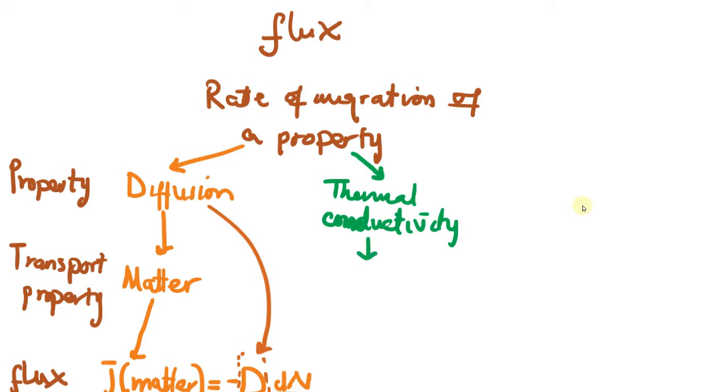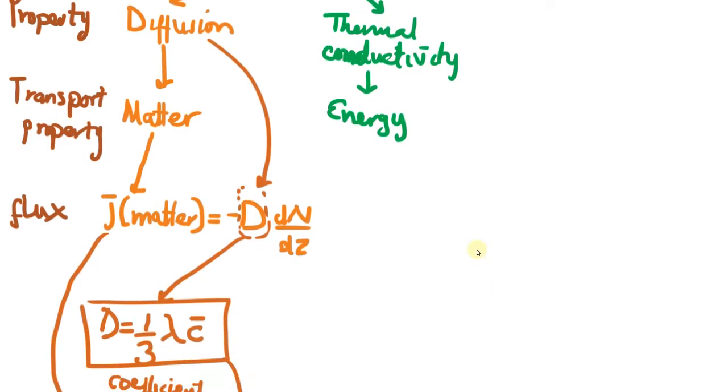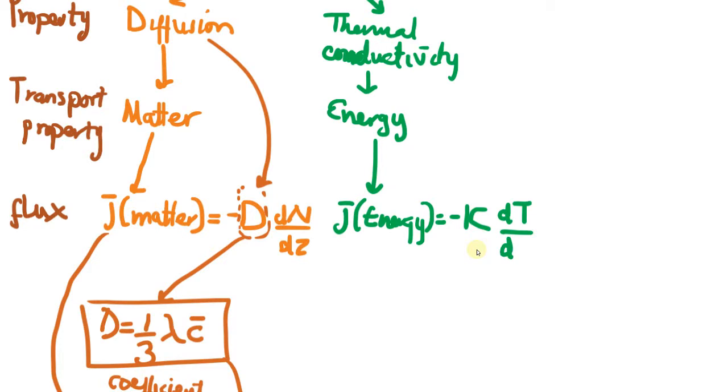And so the energy is important because we need to see how particles move energy from one region to another, and based on this energy movement we can use the energy flux, which is represented as J energy, to be equal to a constant, but this time a negative value, represented as this weird looking K, multiplied by the temperature first derivative dT/dz.